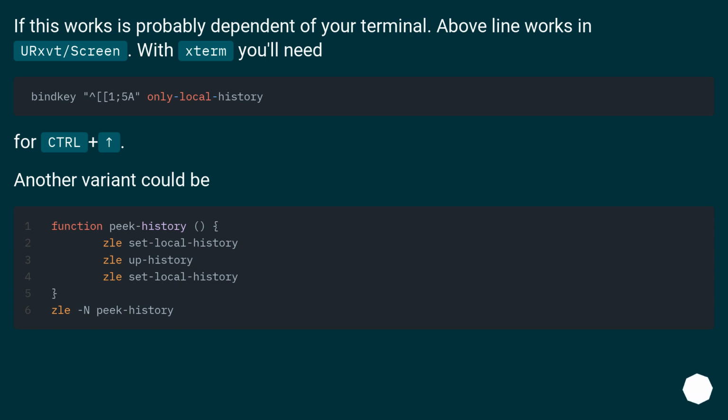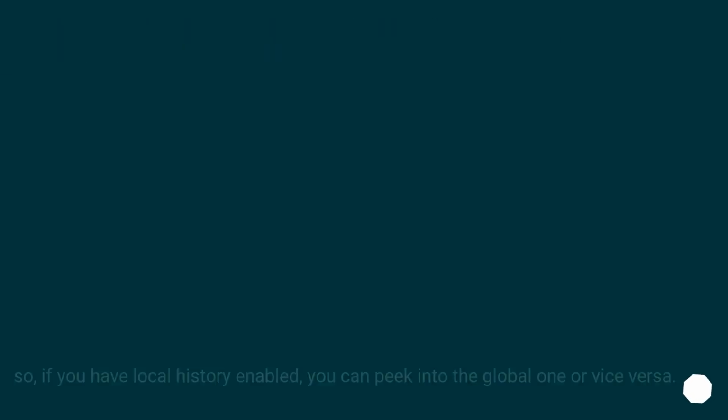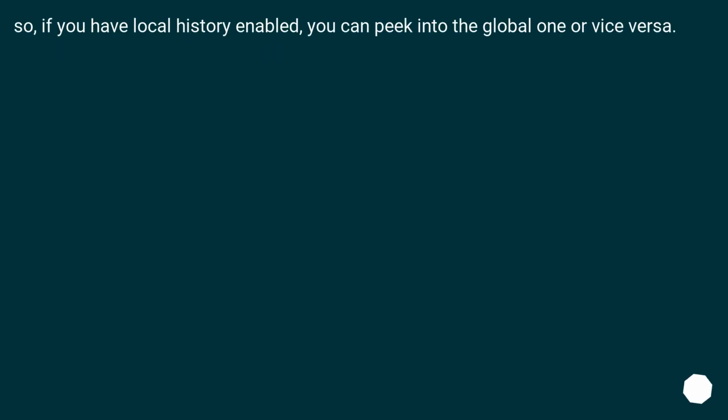The above line works in xterm/screen. With urxvt you'll need a different binding for Ctrl+. Another variant could be this. So, if you have local history enabled, you can peek into the global one or vice versa.